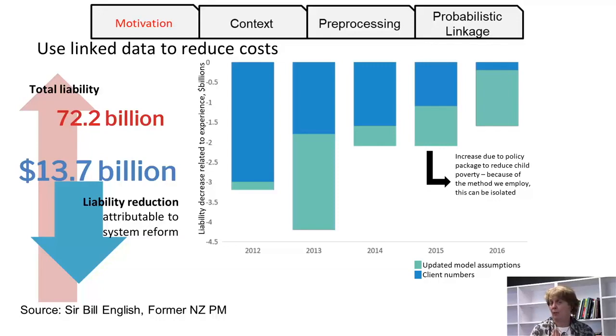So this provides the motivation to some extent for policy, evidence-based policy. So that's a very, I think, powerful example of how data can be used to inform policy decisions.